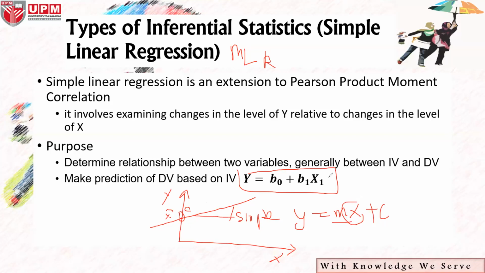So it is similar to this equation. Now we just change the representation. C becomes B naught, which is the y-intercept. B1 is the slope, X1 is the constant. So it is similar to what we already learned during our secondary school.